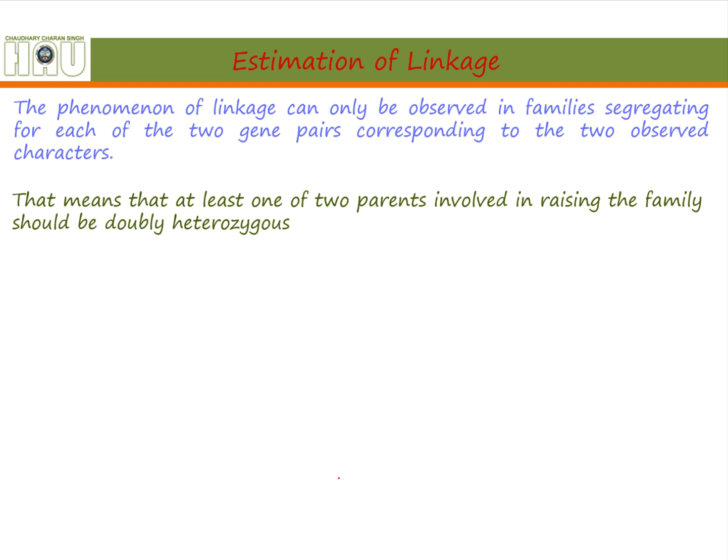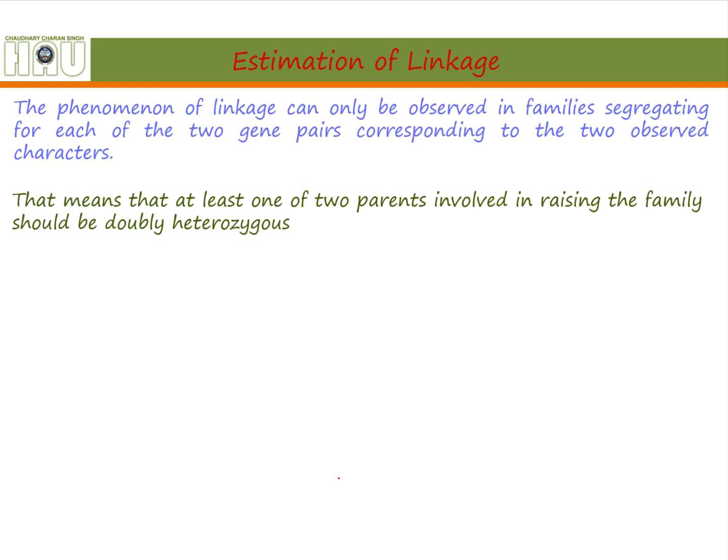So, first of all, you are very much familiar with linkage. What is linkage? Linkage happens when two factors or traits are inherited together because they are close to each other on the same chromosome. And in order to observe linkage, at least one parent in a genetic cross must have both factors in mixed state, that is heterozygous. At least one parent should be heterozygote.